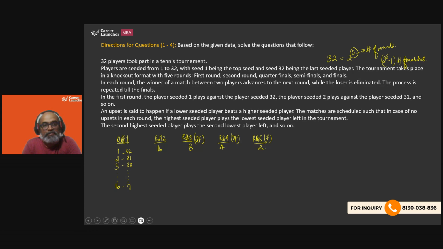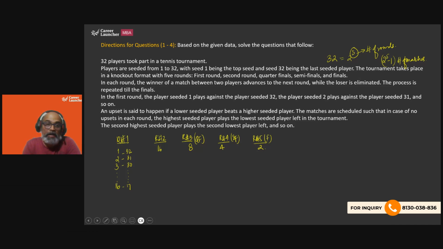So it's not going to be the scenario where the top seeded player plays with the bottom seeded player, or the top ranked player is going to play against the lowest ranked player. It simply says the matches are scheduled such that in case of no upsets in each round, only in those cases the highest seeded player plays the lowest seeded player left in the tournament, which is kind of obvious, since if you look at round number 1, if there is no upset, seeds number 1 to 16 will move.